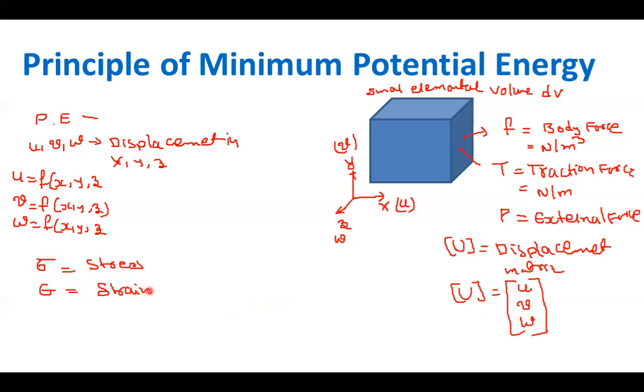With this notation, let us try to define the potential energy equation. Once we define the potential energy equation, we will concentrate on the minimum potential energy equation. The potential energy can be defined as the summation of the strain energy as well as work potential.